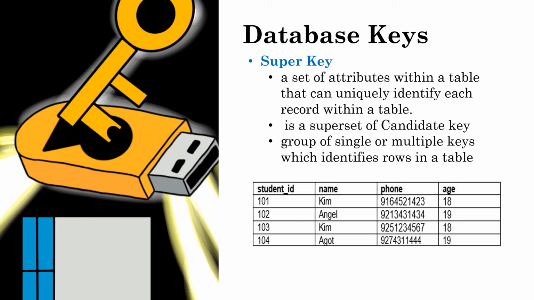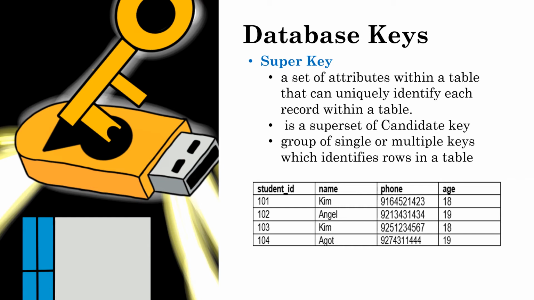How about the database keys? The database keys, we have the super key, which is defined as the set of attributes within a table that can uniquely identify each record within the table. So the super key is a superset of candidate key, wherein it is a group of single or multiple keys which identifies the rows in the table.